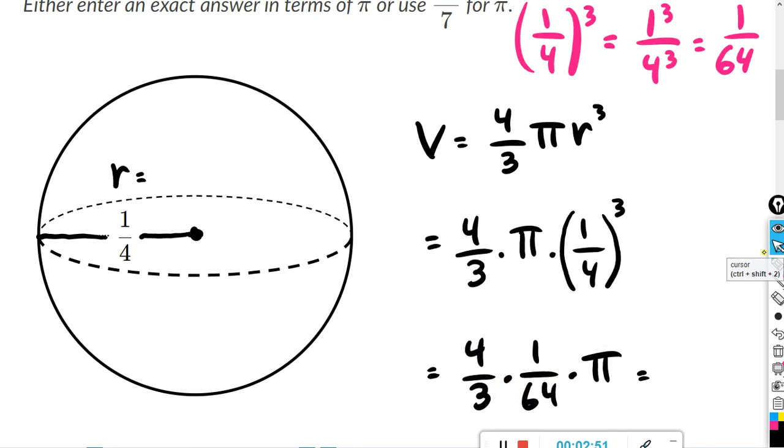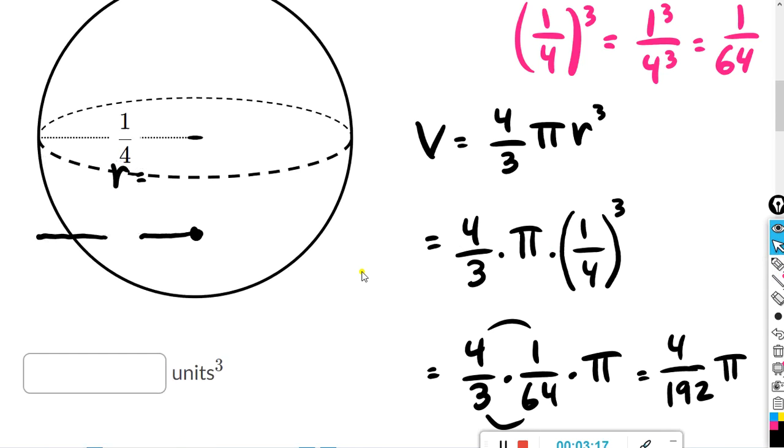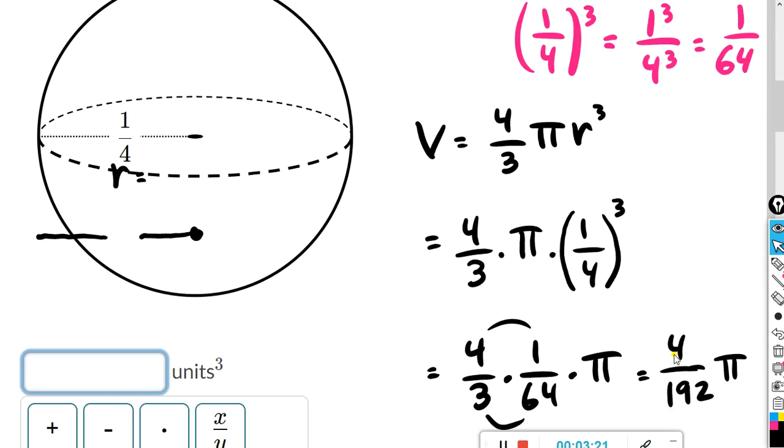Let me see. I am going to try this first without reducing and see if Khan takes it. I don't think it will, but let's try. 4 times 1 is 4. And 3 times 64 is 192. And that's times pi. Okay, you can put the pi in the front, or you can put it in the numerator. That's the same thing. All right, let me see if it takes it. For this unreduced fraction, I'm going to write 4/192.